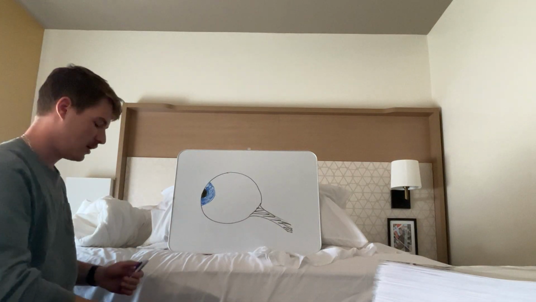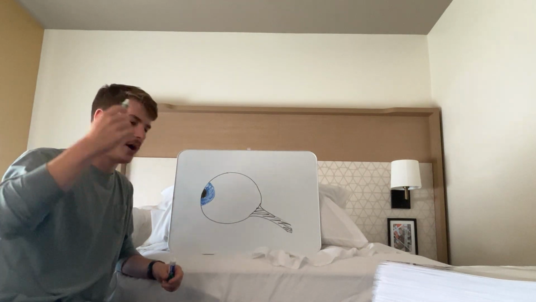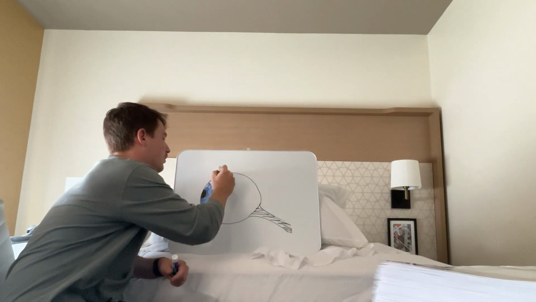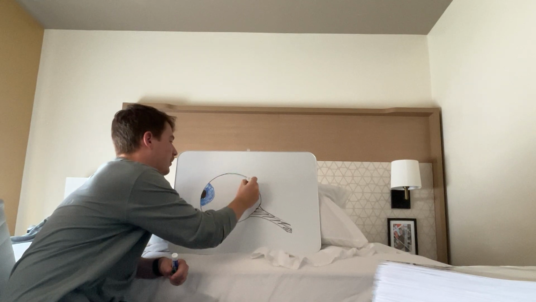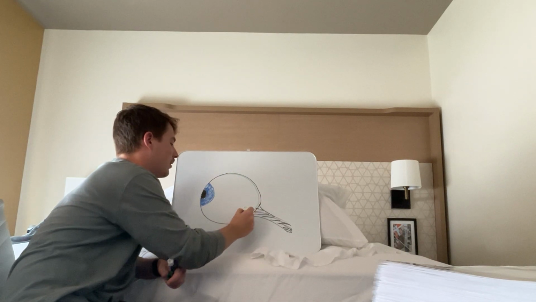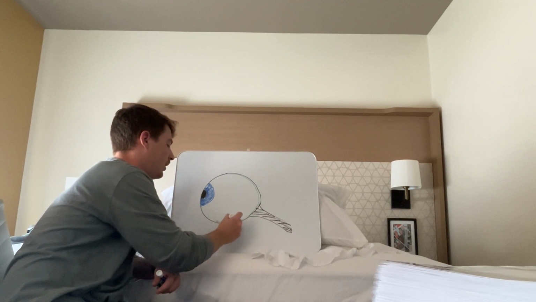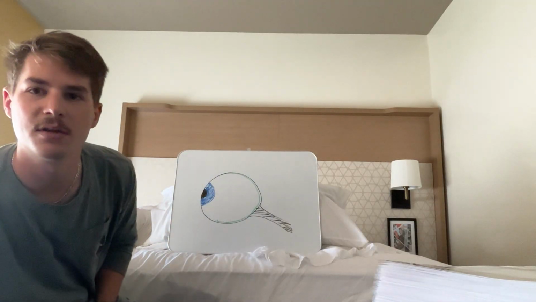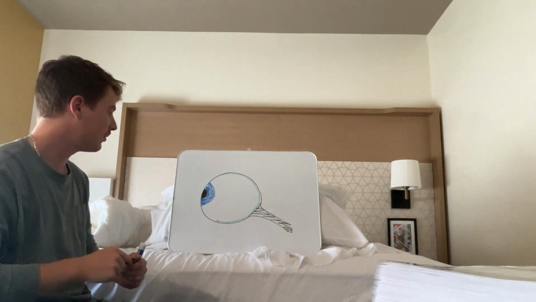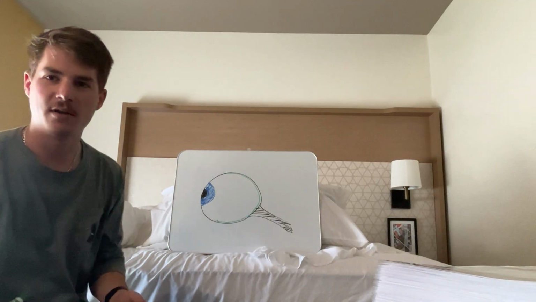Then around the back of our eyeball, starting about right here, all around the outside is a thin layer of tissue. It's not actually green, I'm just using green so you can see it. You actually can't even see it that well, but you've probably heard of it before. It's called your retina.